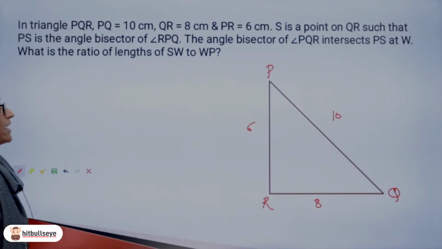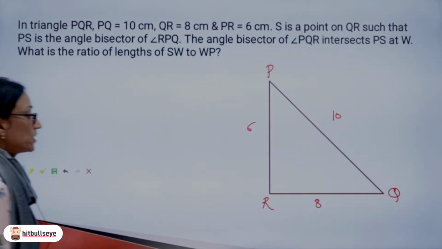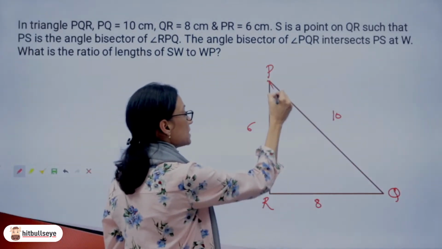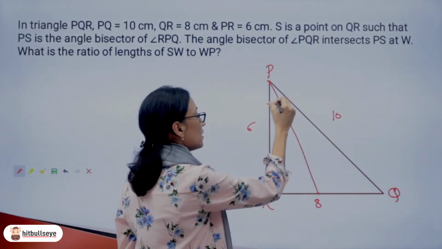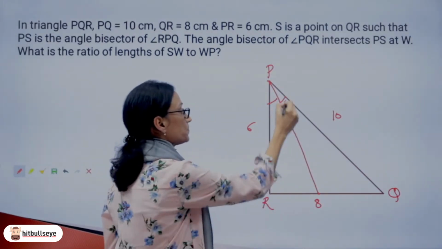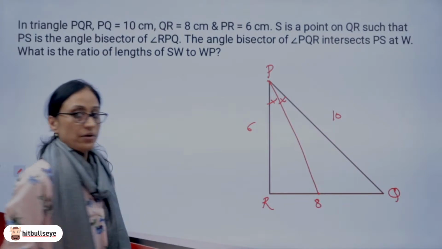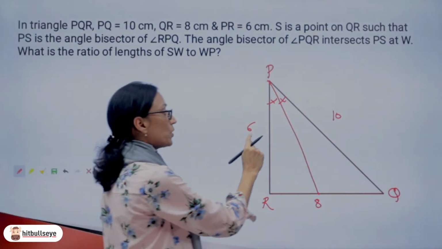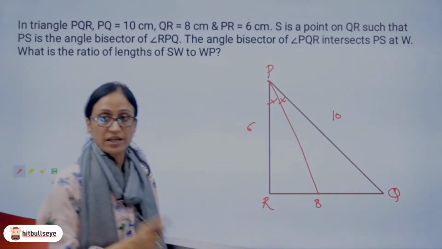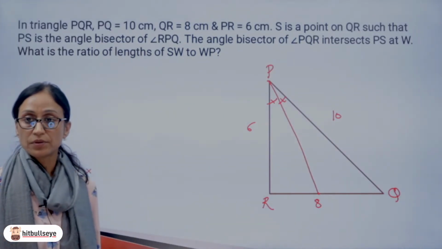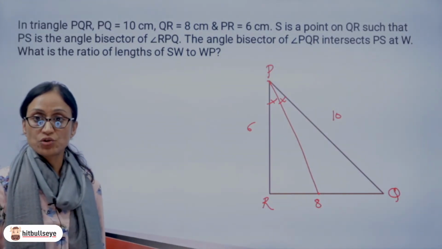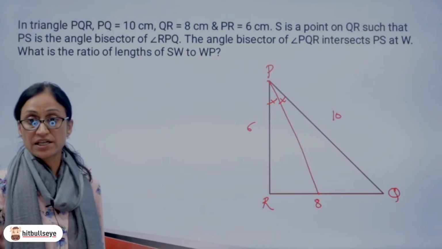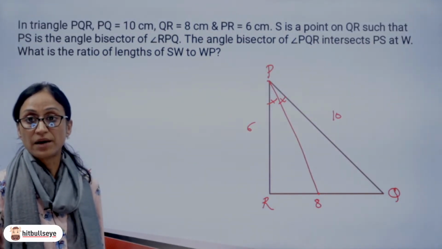The question then said that S is a point on QR such that PS is the angle bisector of the angle RPQ. So the angle bisector theorem tells you that if this angle got bisected, then the ratio in which 6 and 10 are, that is the arms of the angle, has to be the same ratio in which the opposite side is getting cut by this angle bisector.